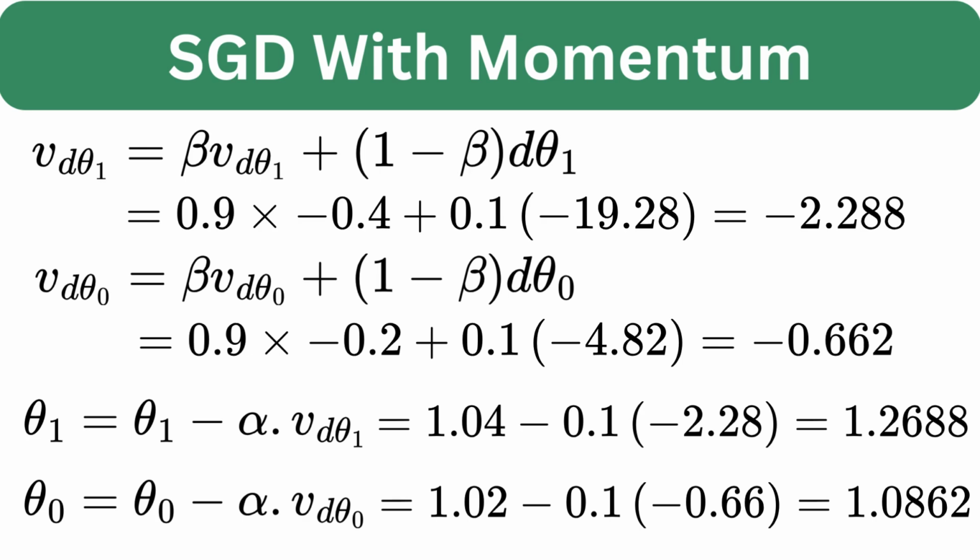So we'll put it here, and the derivative of loss function with respect to theta 1 is negative 19.28. So now we calculated the updated velocity. We will do the same for theta 0 as well. And now we compute the new weights. Theta 1 becomes 1.268 and theta 0 becomes 1.086.